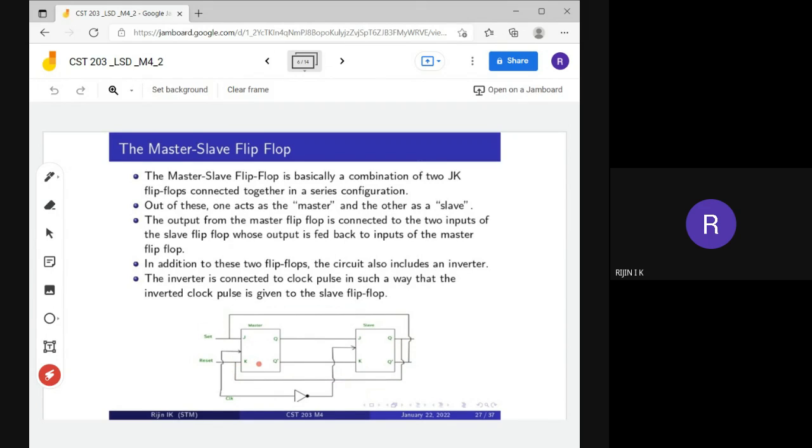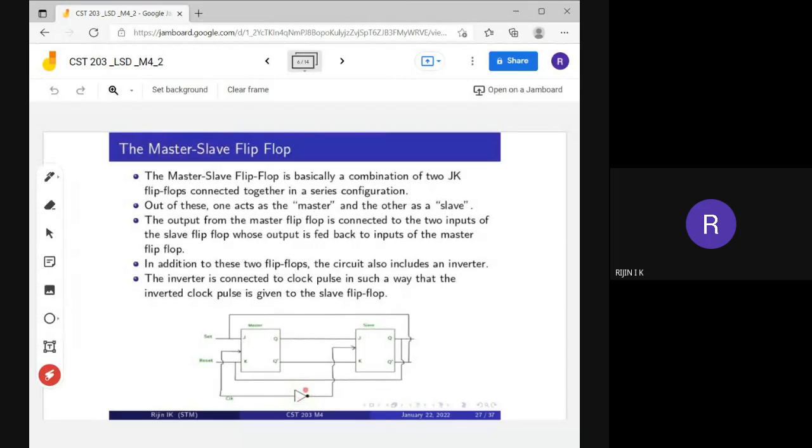One more important thing you need to remember in this master-slave flip-flop is that in addition to these two flip-flops, there is also a circuit called an inverter.